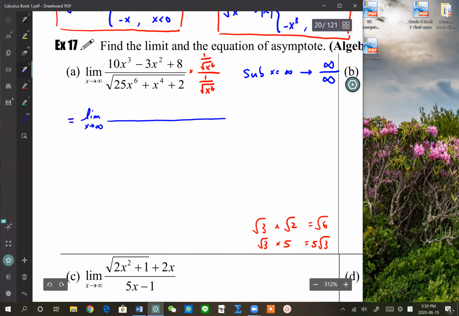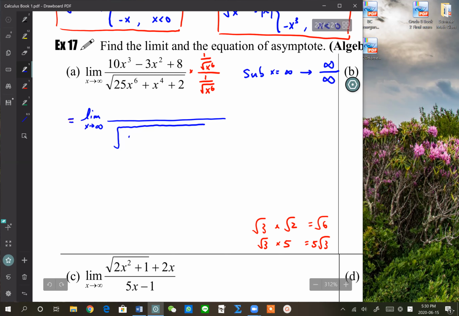Because in the denominator they both have square root, I'm simply going to draw a big square root, and then each term on the inside will be divided by x to the 6, just like last week, okay?